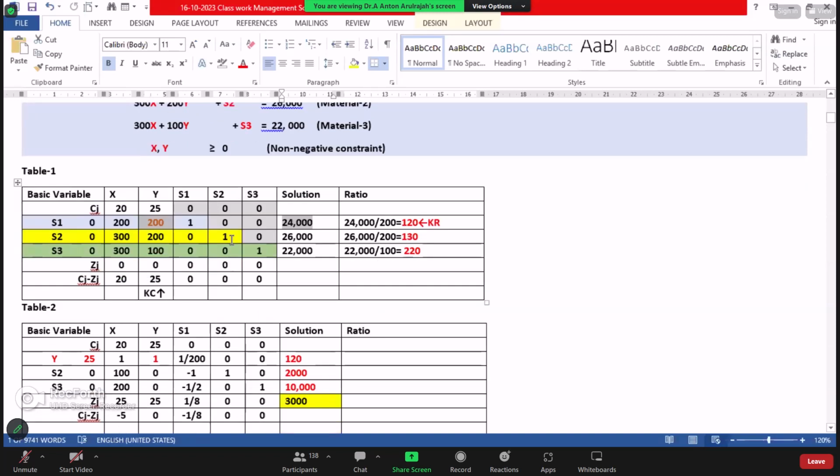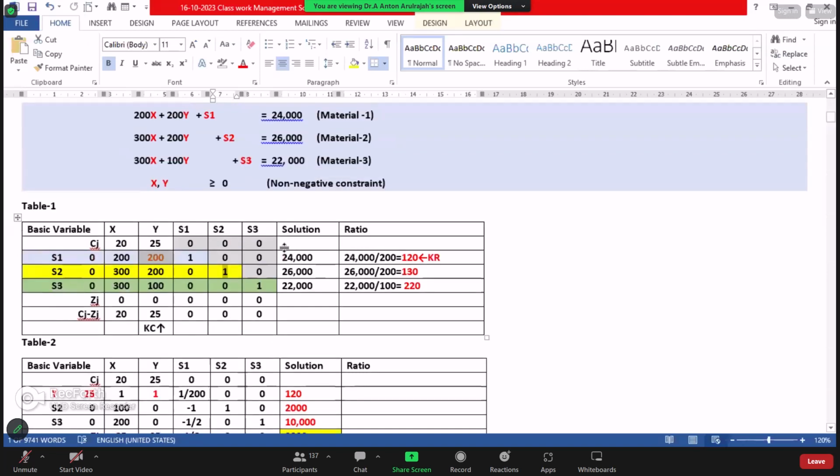That is also not utilized. Right? All are available totally. Then S3, 22,000 are not utilized. All are available to utilize, ready to utilize. So that's why we are starting with S1, S2, S3.